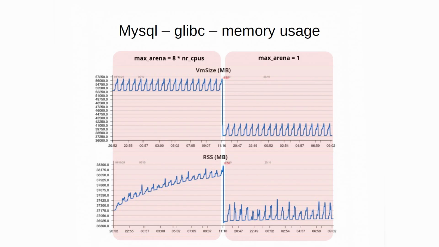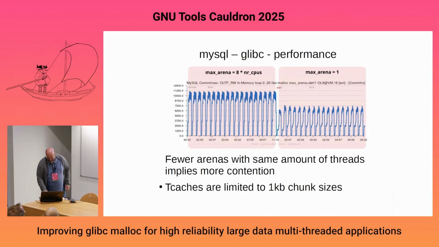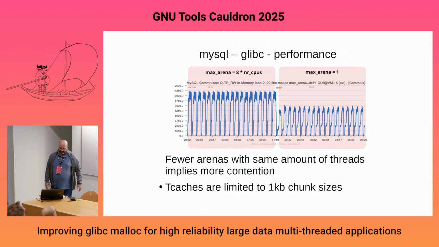So, as you could expect, I guess, executing with Max Arena 1 is really bad. We had a big performance drop. They immediately told me, yeah, you know what is this Max Arena 1? It cannot be. And I said, hold on, this was just to prove the point, because I need to understand what was happening. And now at least we have an idea of why we differ so much from other allocators.